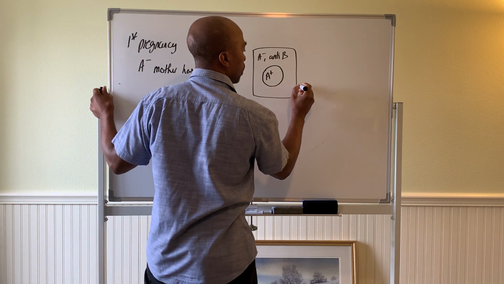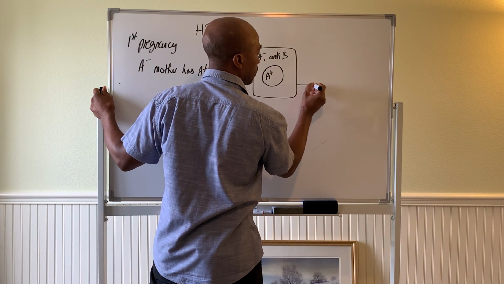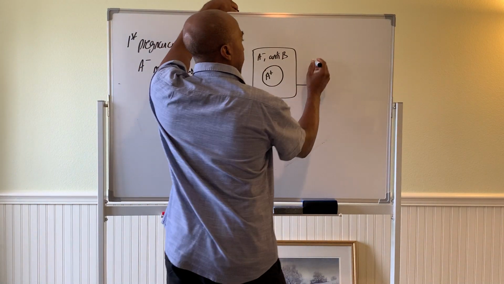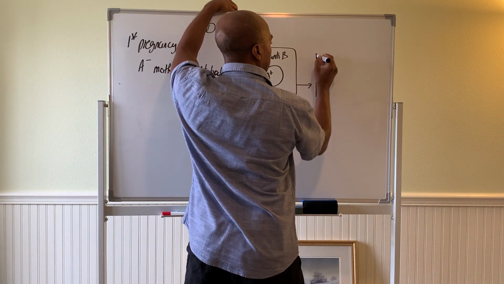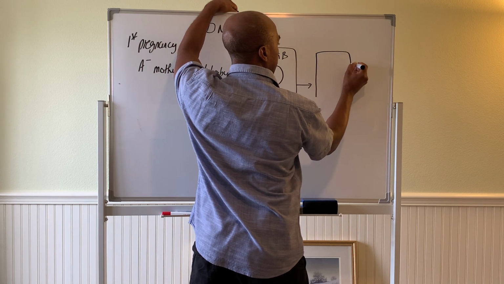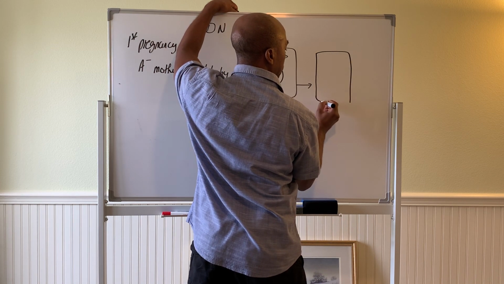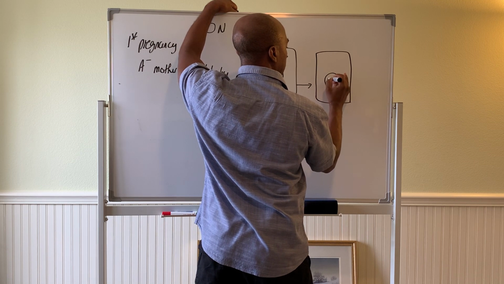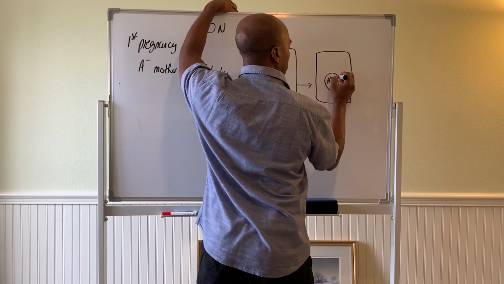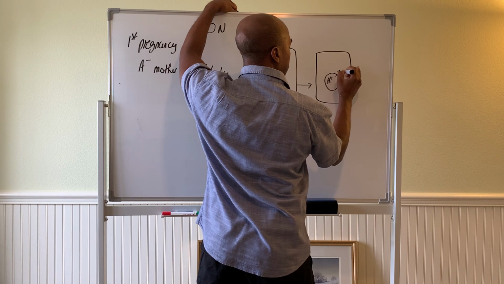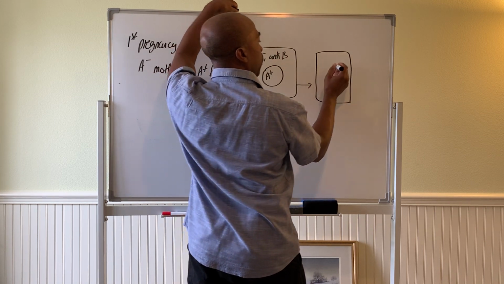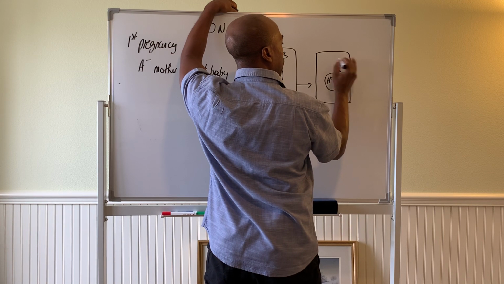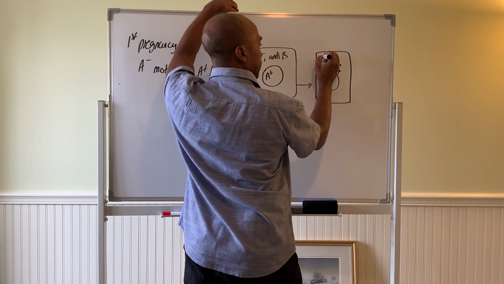So near the delivery time or near term, the baby's blood can sometimes mix with the mom's blood. So here, the baby's A positive blood crosses the placenta, or at some point blood mixes with the mother. Now the A positive blood leaks into the mother's blood. Remember, she's A negative.